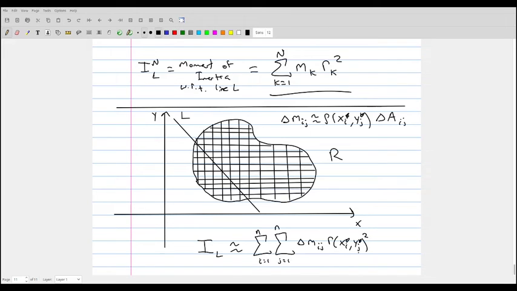So we'll call r of xiyj the distance to xiyj from that line L.